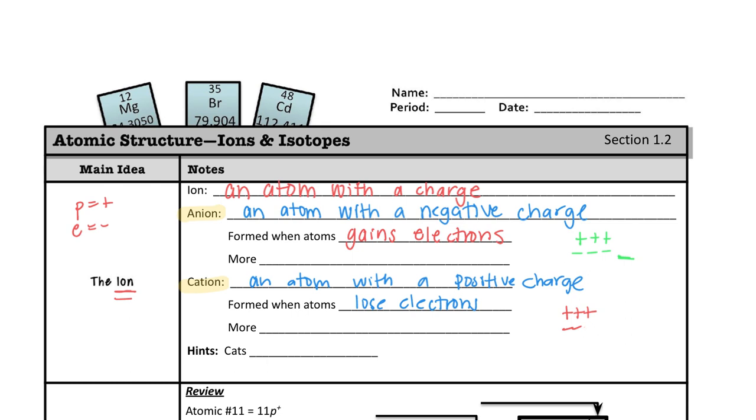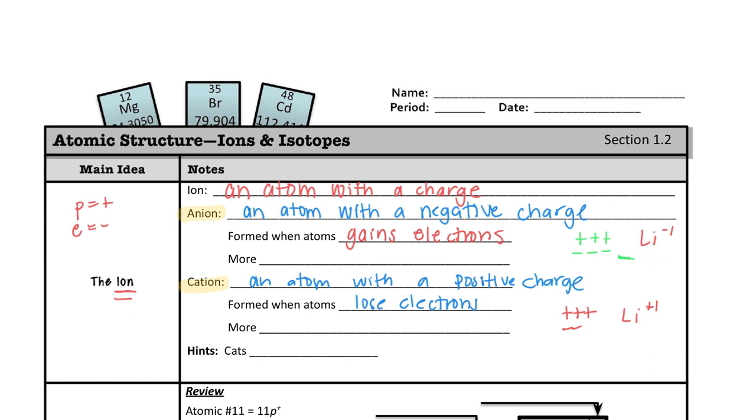All right, so both of these would be examples of ions. This one would be a lithium -1 ion. I know that it's lithium because it has 3 protons. And then it's still lithium here because it has 3 protons, but this would be lithium +1. The only difference here is how many electrons they have, right? So it's an atom with a charge, and it really comes from changing our numbers of electrons.